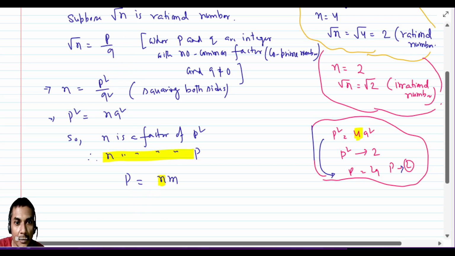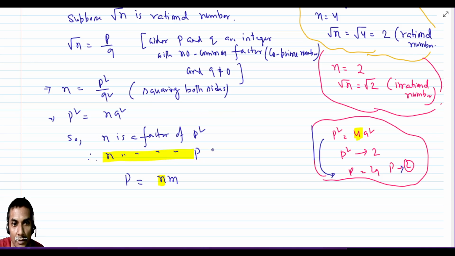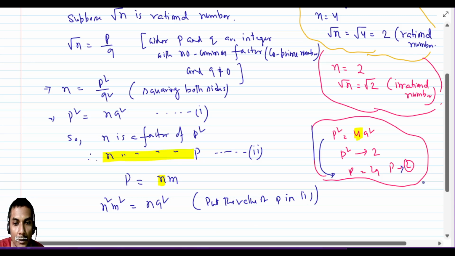Then take this first statement as 1, and put the value of p in 1. So p square is equal to n m square, that is n square m square is equal to n q square. It's clear.